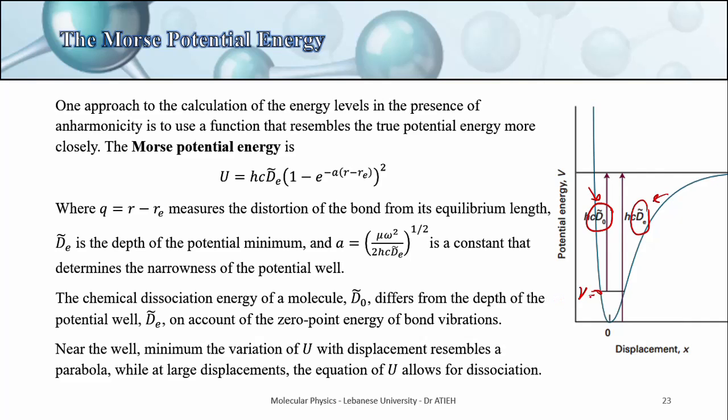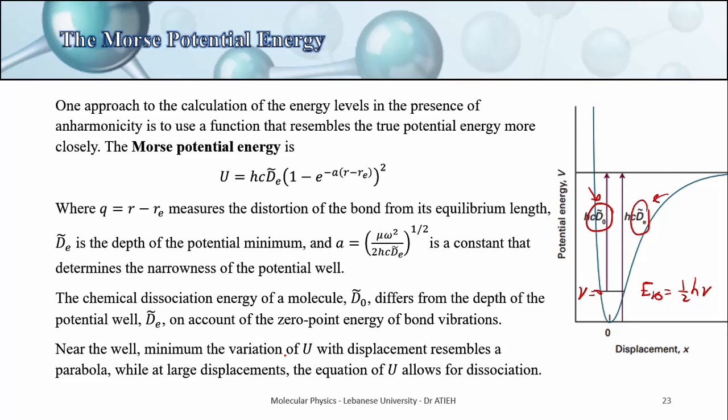The difference between them is the zero point energy of bond vibrations. So this is at nu equals 0, the energy E nu or E0 is equal to half h nu. So the difference between them is simply half h nu. So we can say hc d bar E is equal to hc d0 bar plus half h nu.